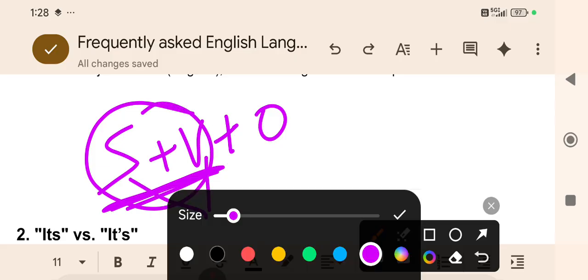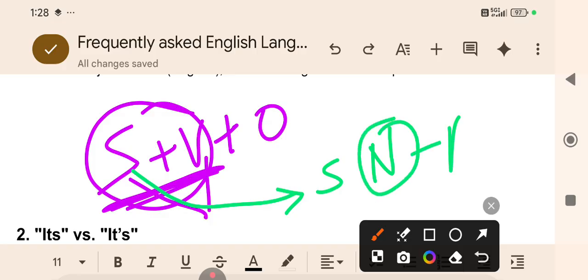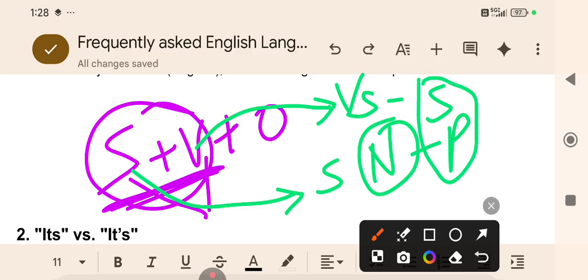And what is interesting is that when we put s with the noun, it becomes plural. And when we put s with the verb, it becomes singular. Listen carefully. A very interesting and very important thing: subject and verb are just opposite.